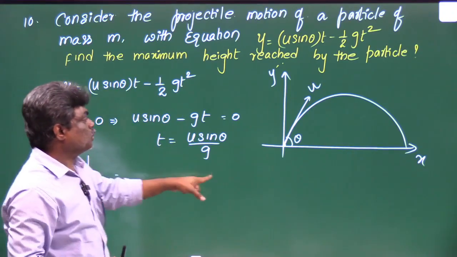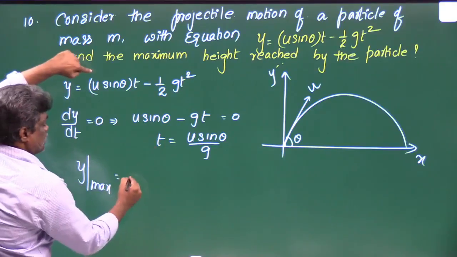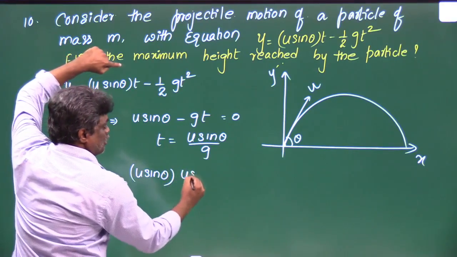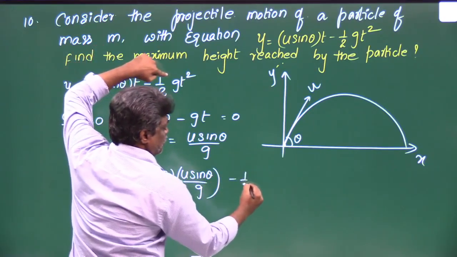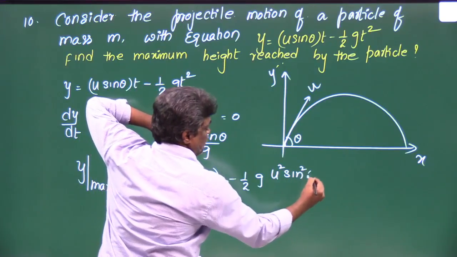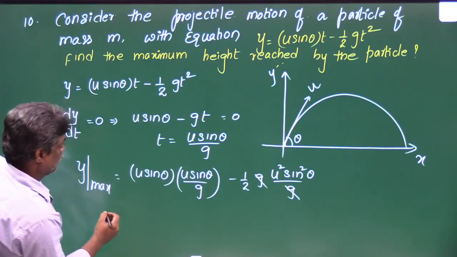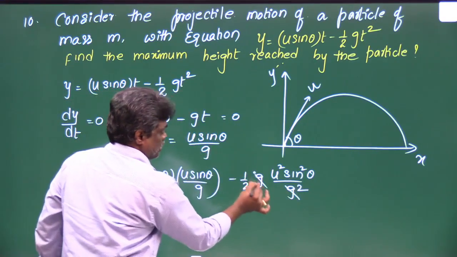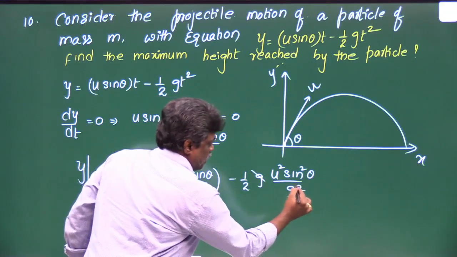Because the time taken to reach the maximum height is nothing but u sine theta by g, take it and substitute. This is u sine theta into again u sine theta by g, and here minus half g t square, that is u square sine square theta by g square. Sorry, g square here, and g cancels.